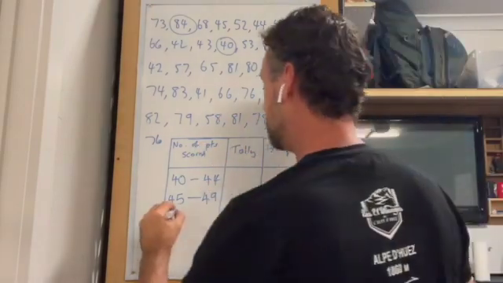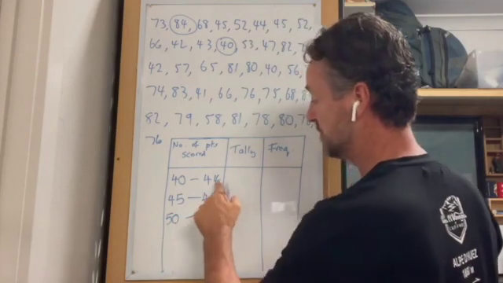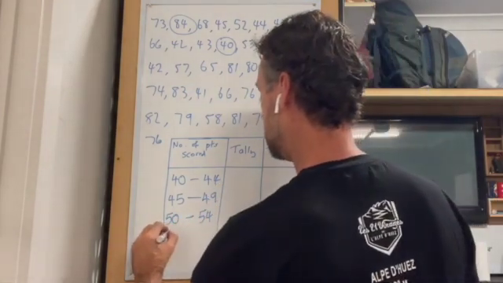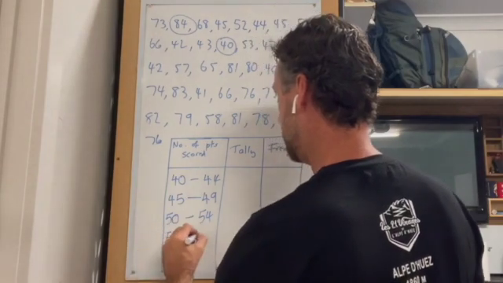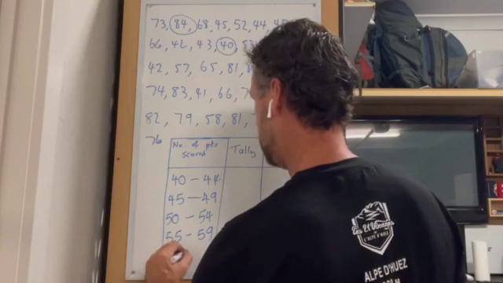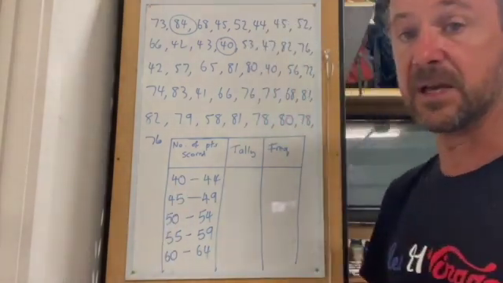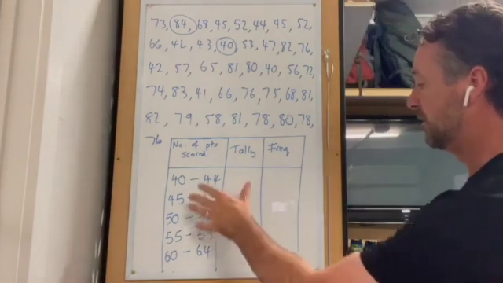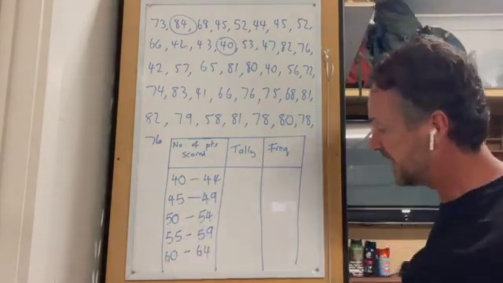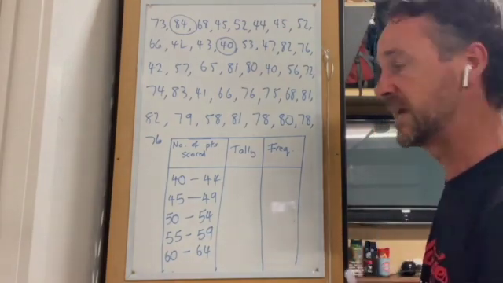Then we go to 50, and it'll go up to 54, and you see this repeating pattern with the 4 and the 9. Then 55 all the way up to 59, and then 60 all the way up to 64, and so on down the page. Obviously I won't fit all of that in here, but you can get the gist of where that's going. The last interval will be 80 all the way across to 84.